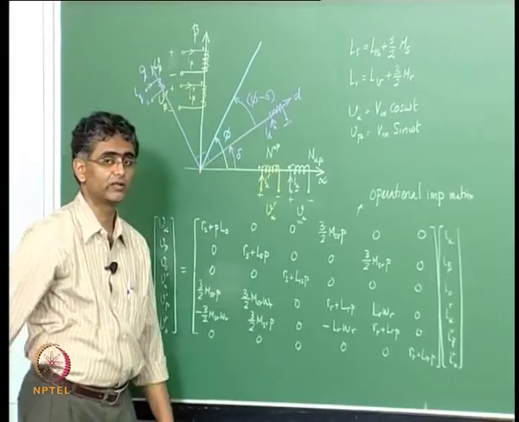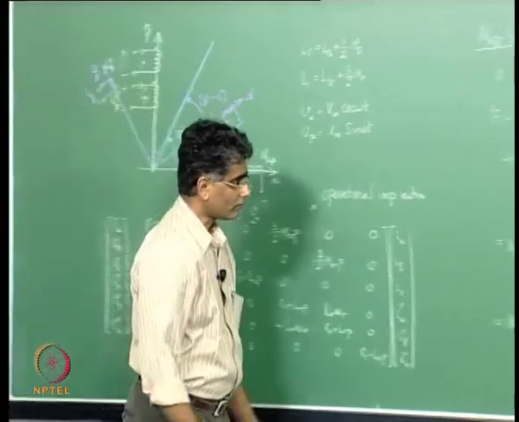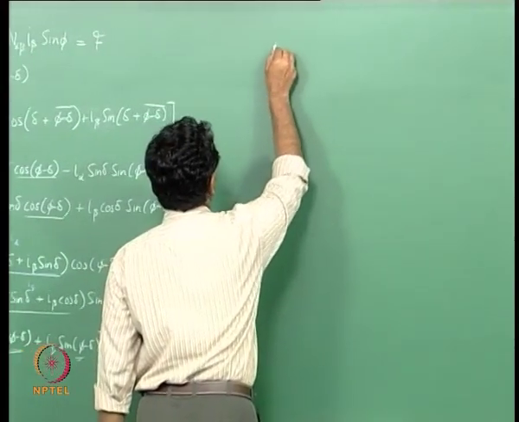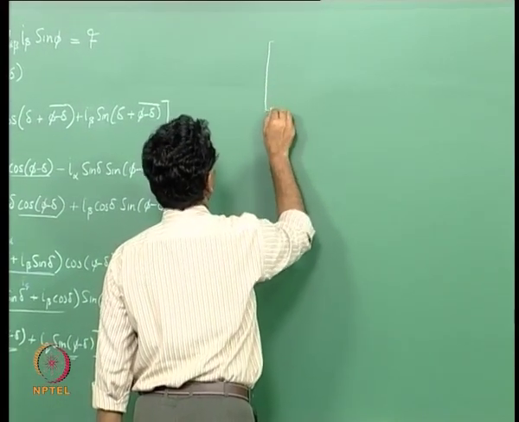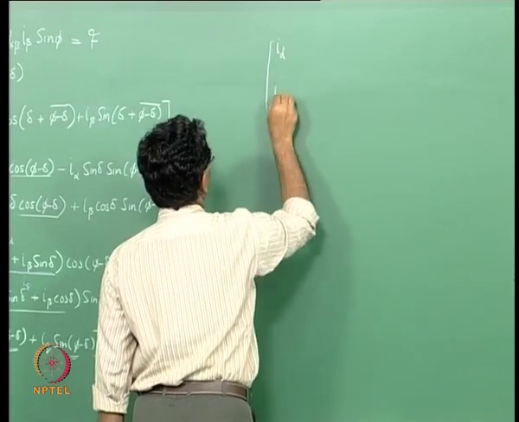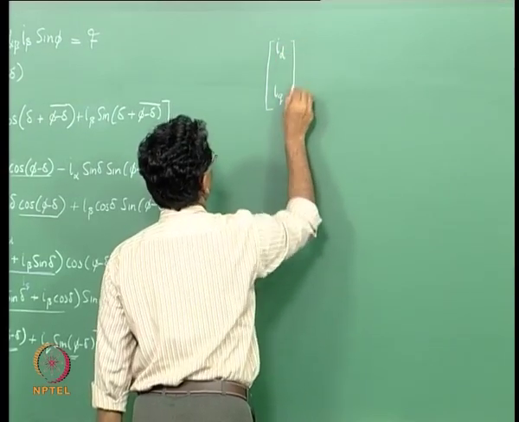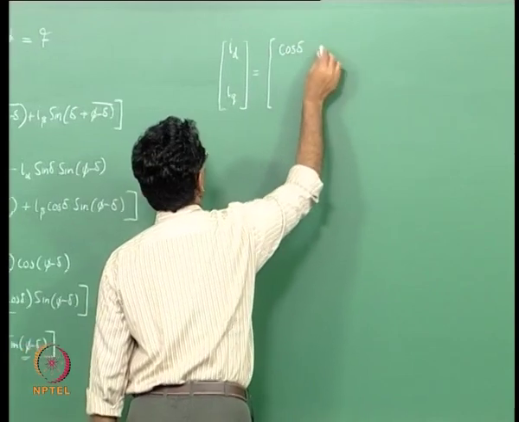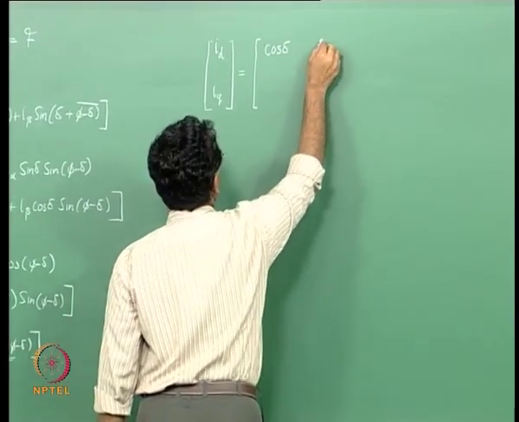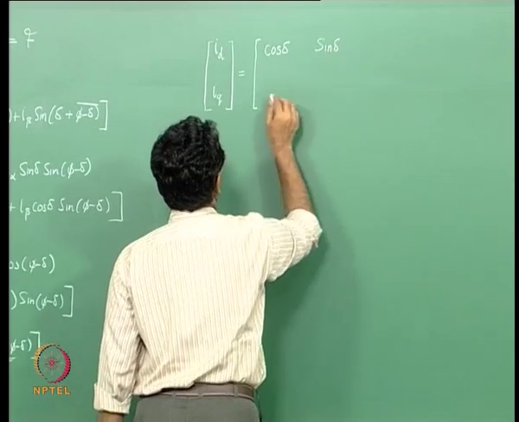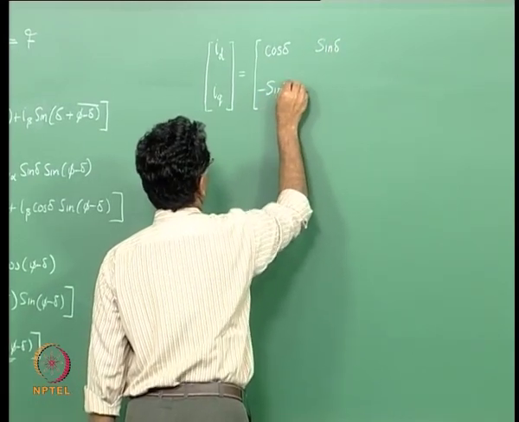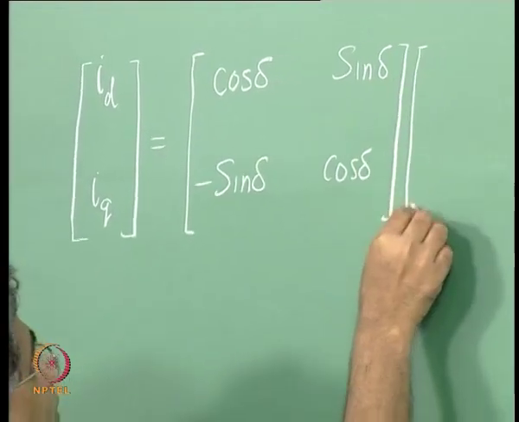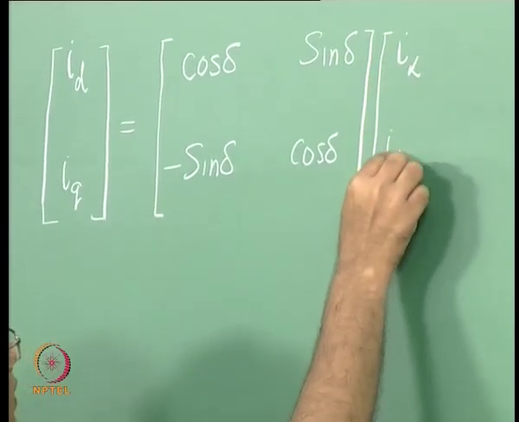At this particular instant it is at an angle delta, and therefore now we can define a relationship between ID and IQ as being equal to the matrix cos delta, sin delta, minus sin delta, cos delta, times I alpha and I beta.